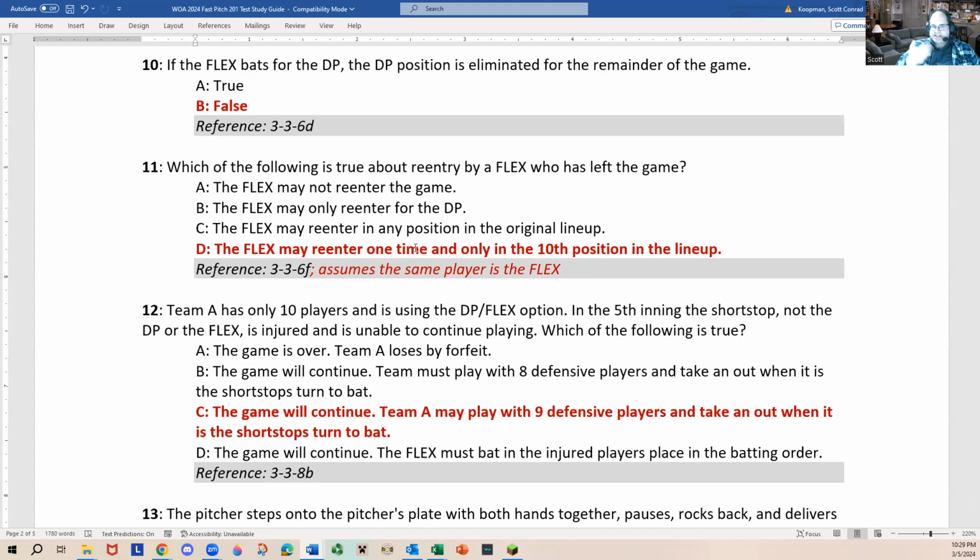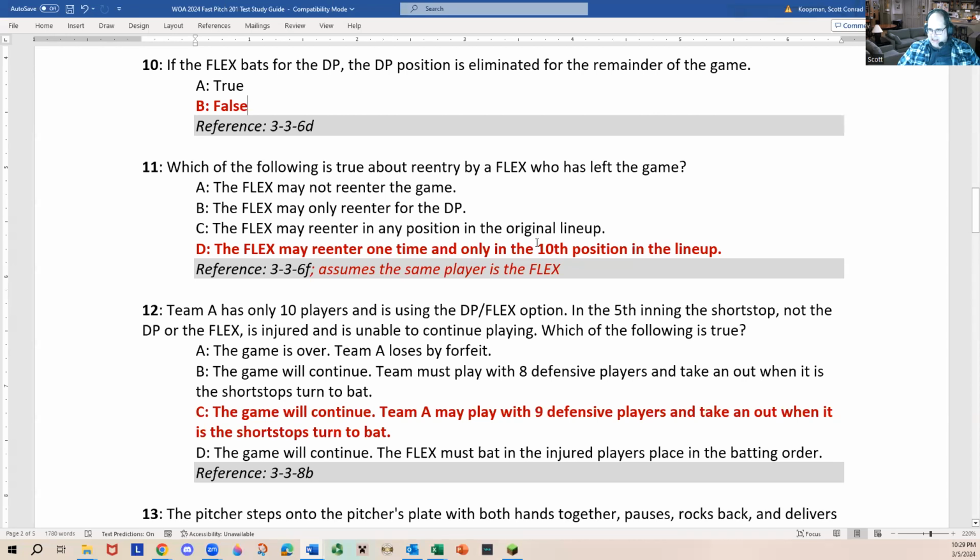When they leave the game the second time, they're done. They can't come back in. So in this particular case, when the flex went out one time, they can re-enter one time. And the flex is always in the 10th position in the lineup. If they're a flex, they're in position 10.